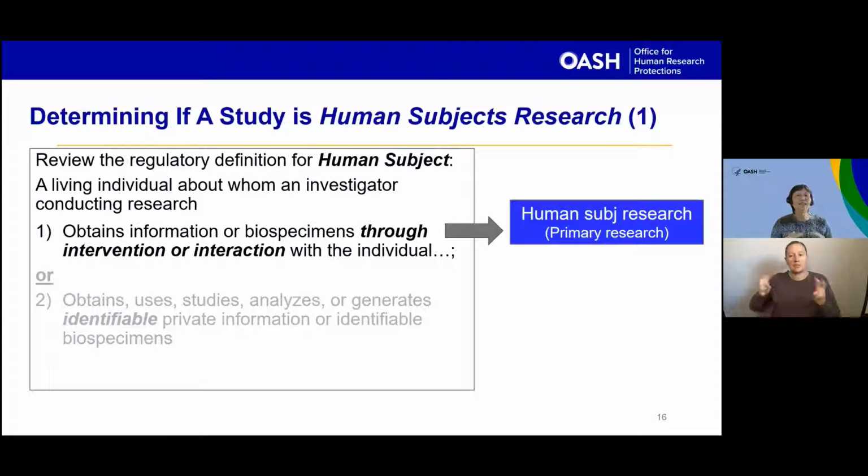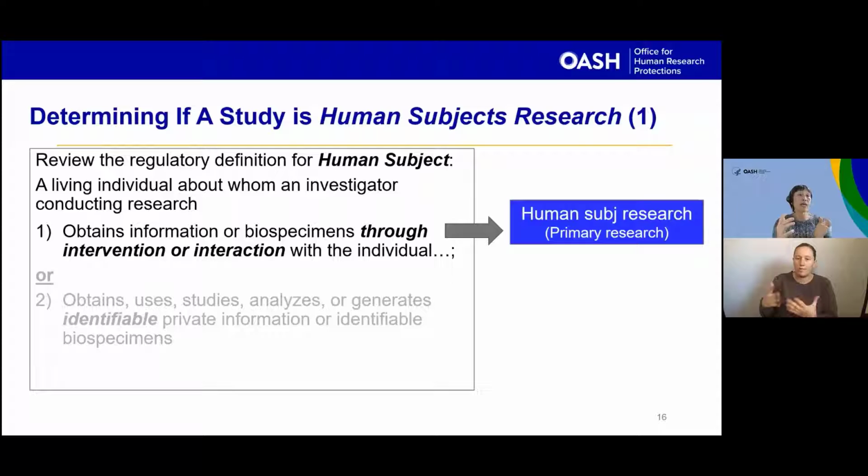Now, some investigators get confused, right? On many occasions, they may send the project out and somebody else may be doing part of it for them. So let's just take surveys. They may hire a company to do some surveys on their behalf. They provide the questions and the survey company is asked to collect the information.